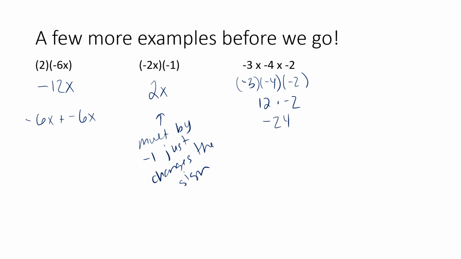And something to note with that particular one is that every time you layer in another negative, you end up flipping the sign again. So if multiplying 2 negatives results in a positive, multiplying 3 negatives brings you back to a negative. And if we were to put in a fourth negative, so times -1, we would flip back to a positive. And that's a useful pattern to remember as well.